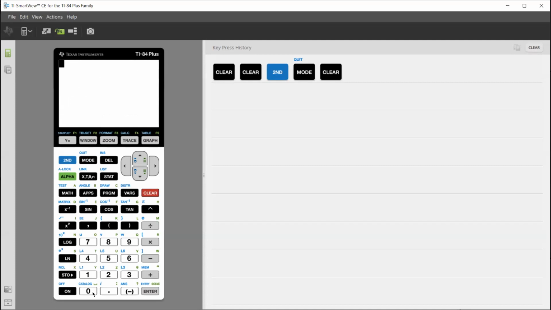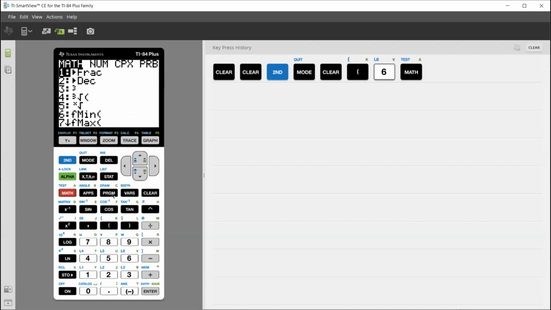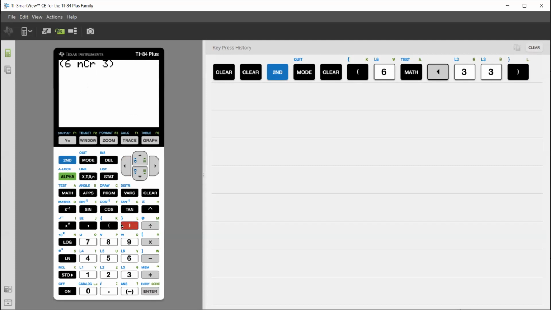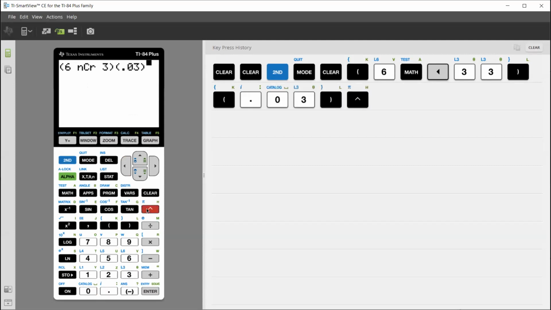All right, so we have 6 math probability NCR 3 times 0.03 raised to the third.